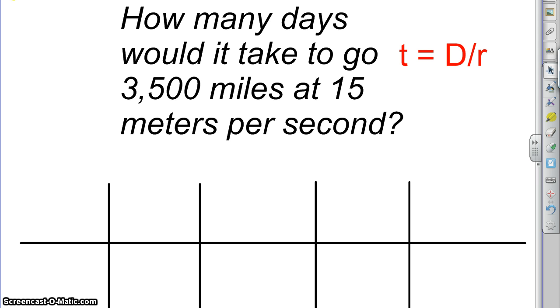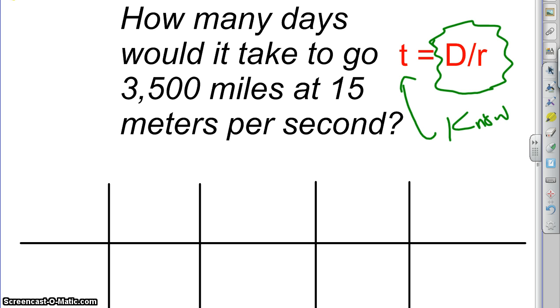Now t we don't need to plug in because that's what we're trying to solve. You only plug in the things that you know so that the chart will spit out the thing that you don't know. So the point is you find the thing that you don't know by plugging in the things that you know.